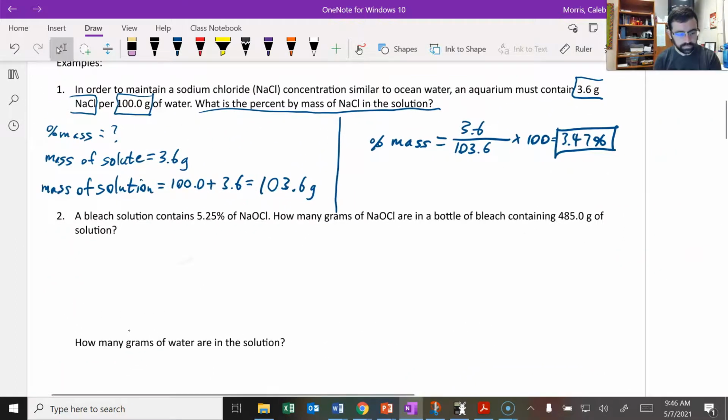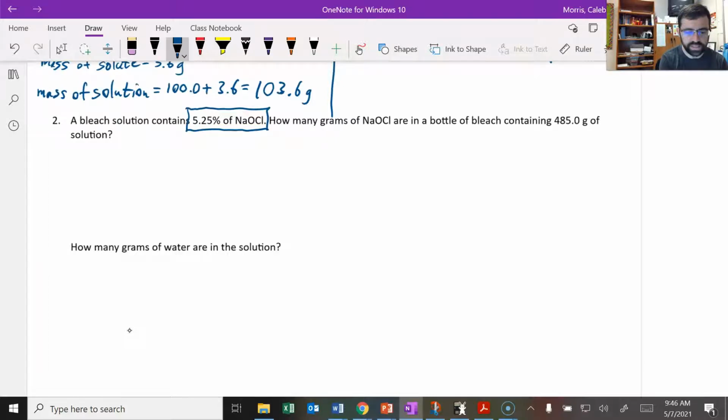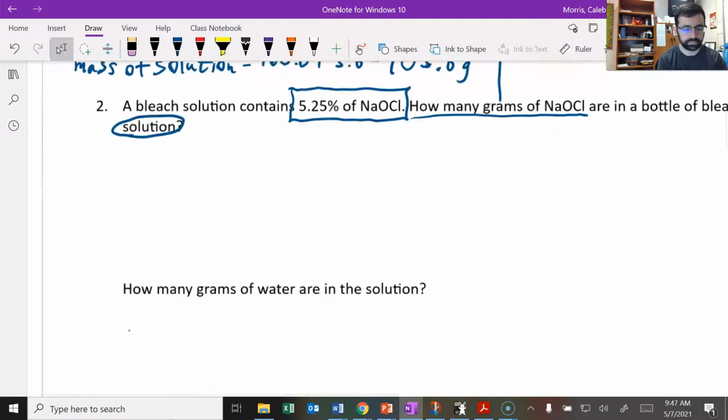A bleach solution contains 5.25% of NaOCl. That's our percent, the percent mass. How many grams of NaOCl? Sounds like that's the mass of the solute, in a bottle of bleach that's containing 485.0 grams of solution.